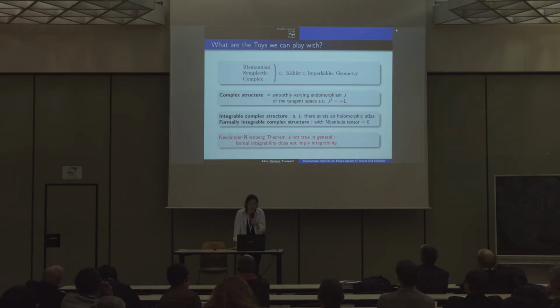And you have those which are formally integrable, which are defined by the vanishing of the Nijenhuis tensor, which is a tensor on your manifold. Usually in the finite dimensional case, you have the Newlander-Nirenberg theorem, which says that if you have a formally integrable complex structure, then you also have a holomorphic atlas. And this does not hold anymore in the Banach setting, let's say.